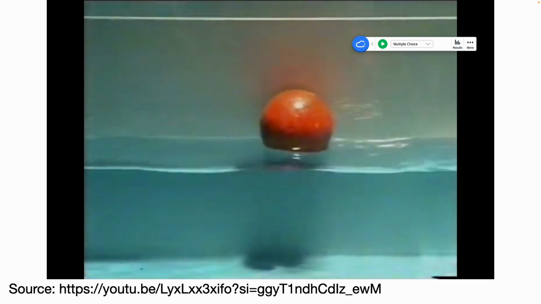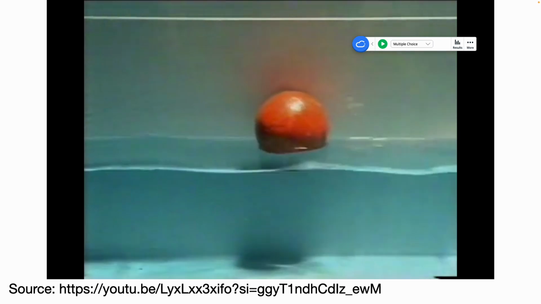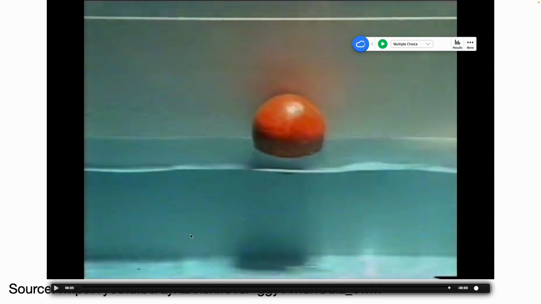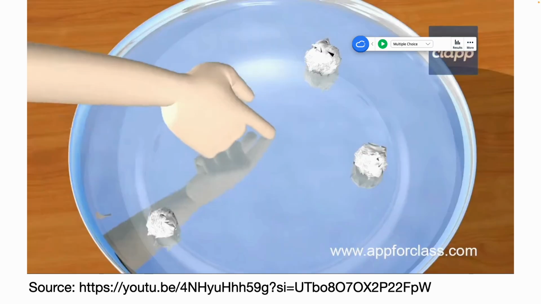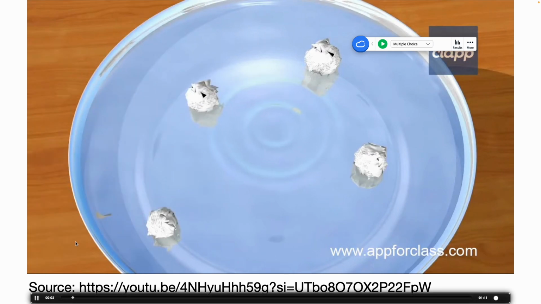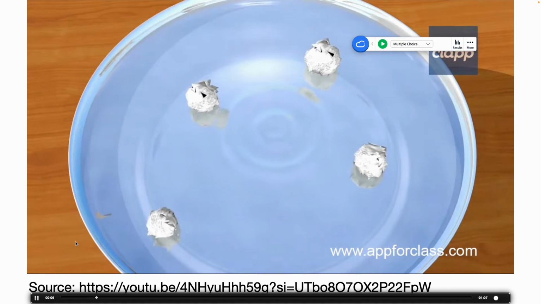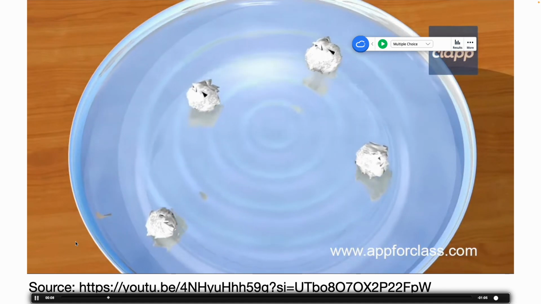So here you see there's also a water wave going to your left, but the ball is not flowing. This is another animation which explains the situation more clearly. So you see, as the wave propagates outward, the thing floating on the water doesn't really go outward.